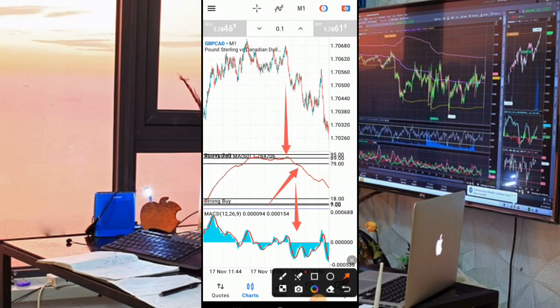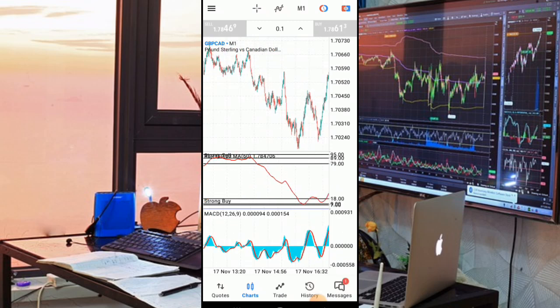We wait for the pullback below the 0 line level, and then you place your sell entry just like that. Because if you check on the chart, you will see that the point where we were, it was at this point, and then after that you can see that really price began to go down.